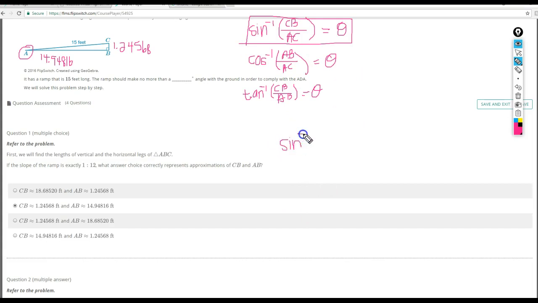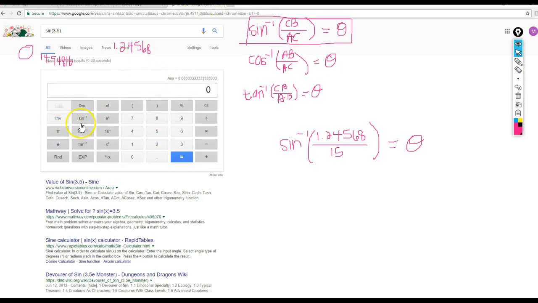I'm going to have sine inverse of the length of CB, which was 1.24568, divided by the length of AC, which is 15. Now that will give us our angle theta. So now I'm going to hit sine inverse, and arcsine is another name for sine inverse.